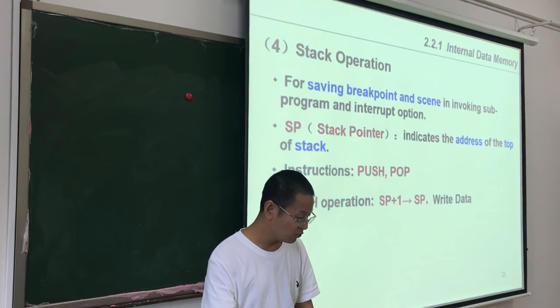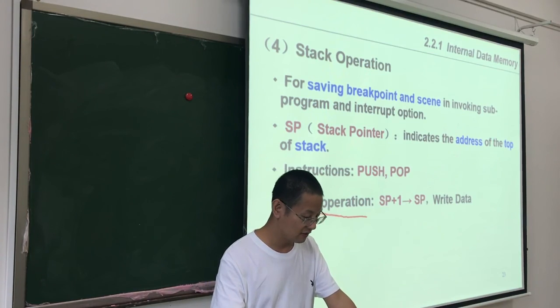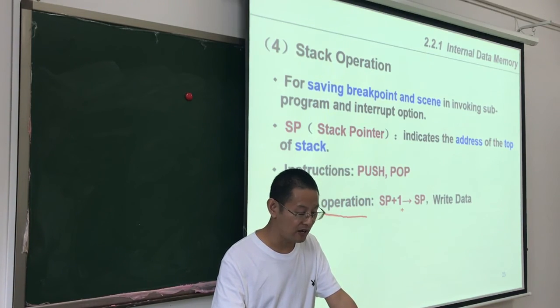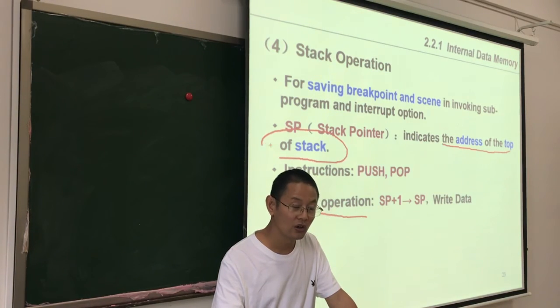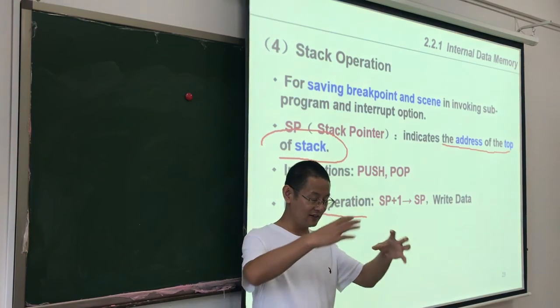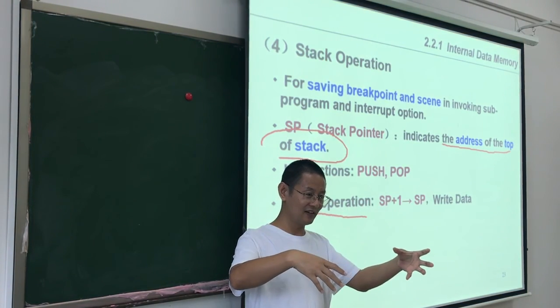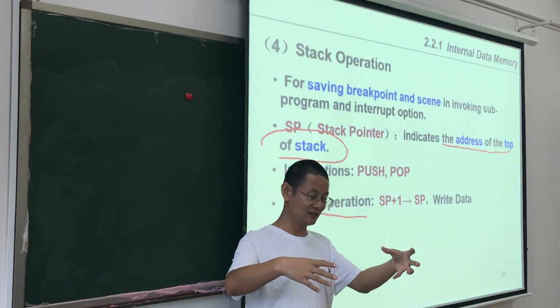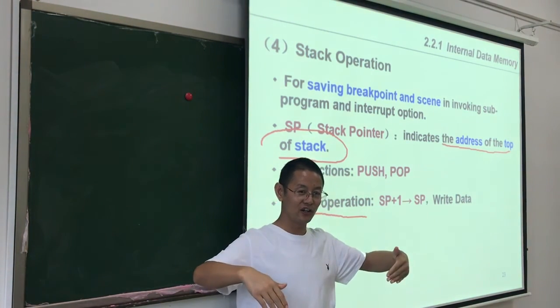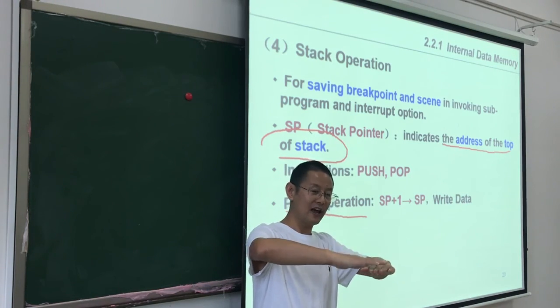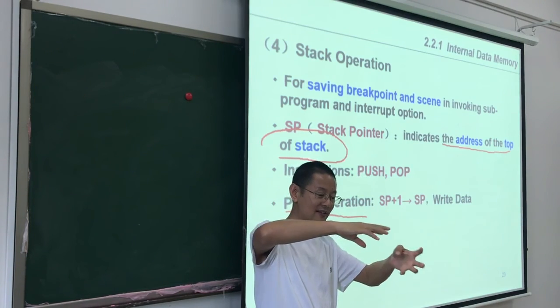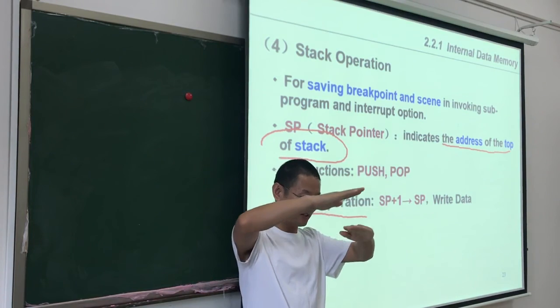When the push operation is done, the SP plus 1. SP is the address of the top of the stack. A stack is just like a box. You put something in the box and the top is higher. When you get something out of the box, the top is lower.